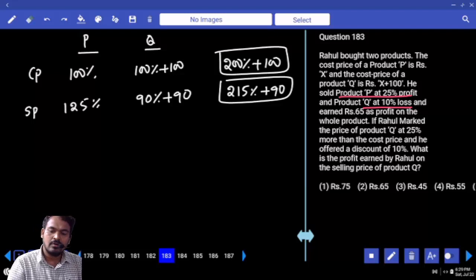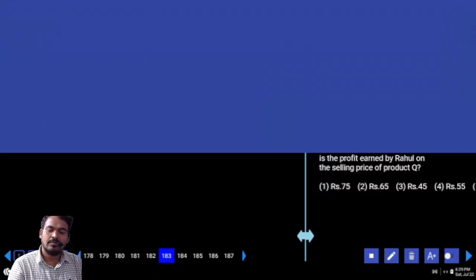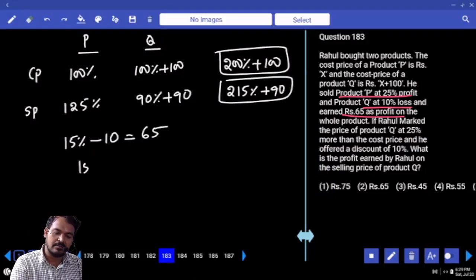Profit value. What is the profit value? 15% minus 10. Selling price minus cost price, that is profit value. Means 15% minus 10 is equal to how many rupees are given? 65. Then 15% minus 10 equals 65. 15% value is 75. Then 100% value is 500.